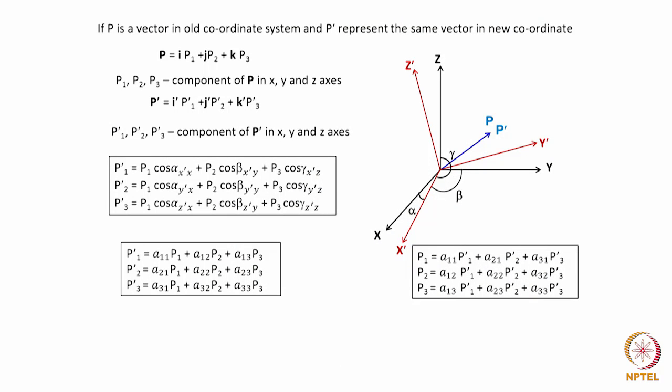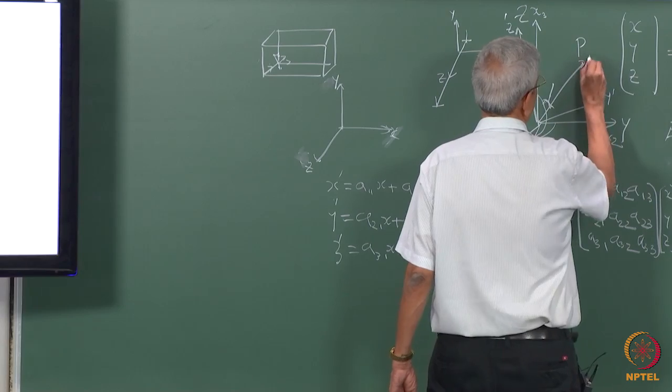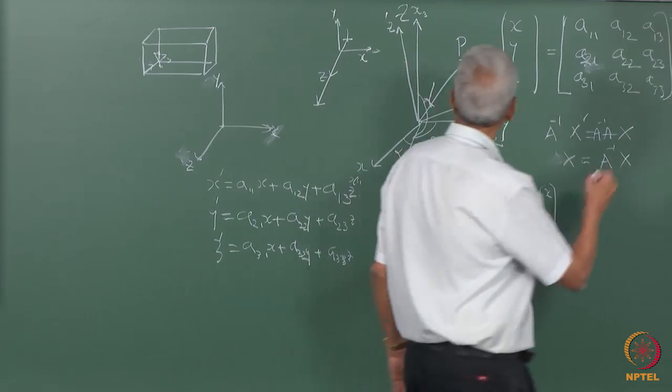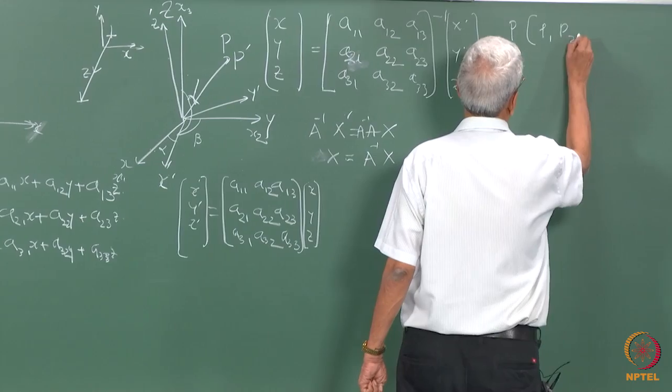Suppose we have a vector described as P in the old coordinate system, and the same vector in the new coordinate system is described as P dash. Here there is a vector: in the old coordinate system it is P, in the new coordinate system it is P dash. Then P can have components P1, P2, P3, correct?